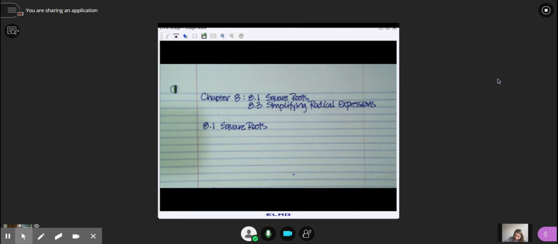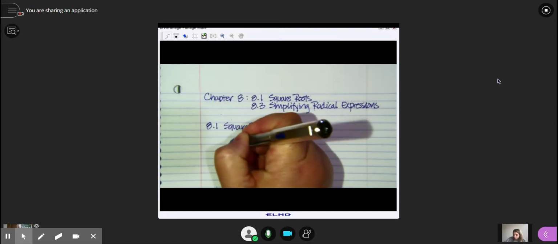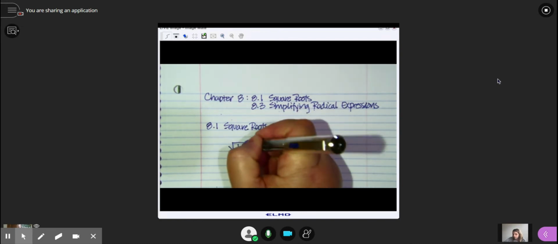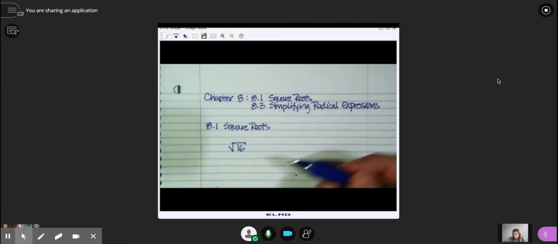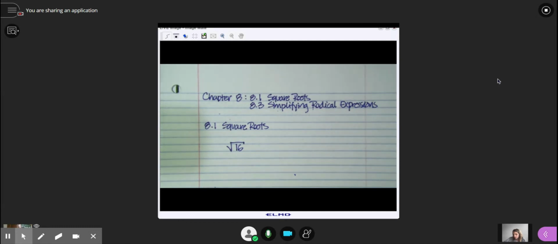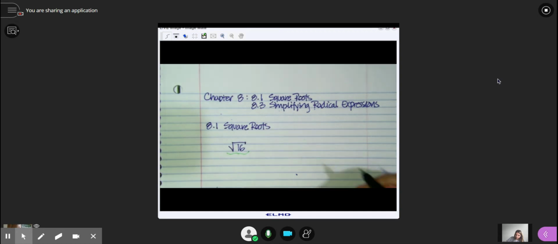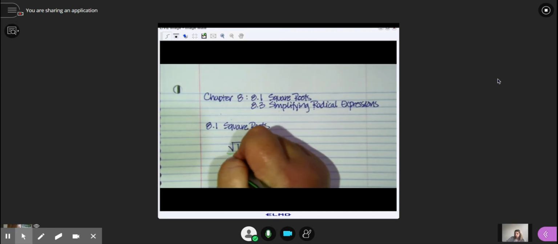Okay. So when it comes to square roots, this entire square root, so this entire thing is called the radical.